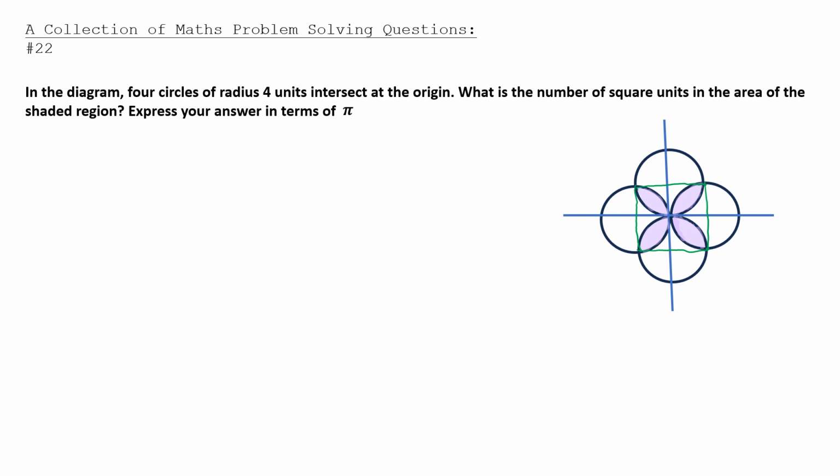The reason is this is the diameter, radius and radius, radius and radius, diameter, and they are all equal, so this is a square.